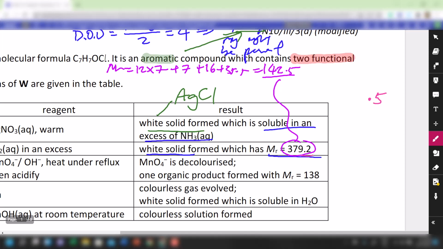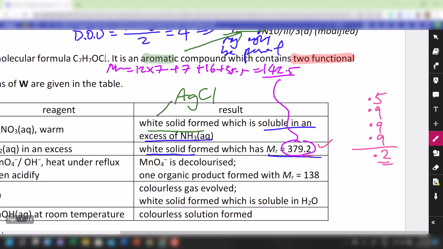If you look at the data booklet, the relative atomic mass of bromine is 79.9, so that will be 0.9. In order to find out how many bromine are added, we just add 0.9 until we reach 0.2. If 1 bromine is added, then the ending will be 0.4. If 2 bromine are added, that will be 0.3. If 3 bromine are added, then we'll end with 0.2.